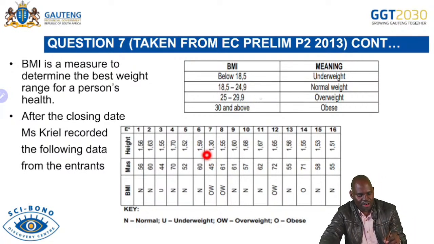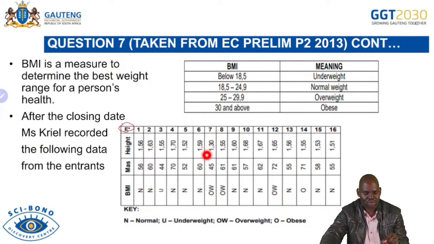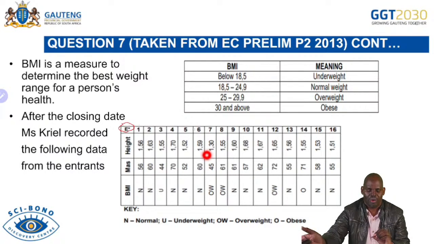Then we've got the following information, E for entrant: entrant number 1, 2, 3, 4, 5, 6, and so on. In entrant number 1, the height is 1.56, the mass is 56, and the BMI is normal. N is for normal, U for underweight, OW for overweight, and O for obese.